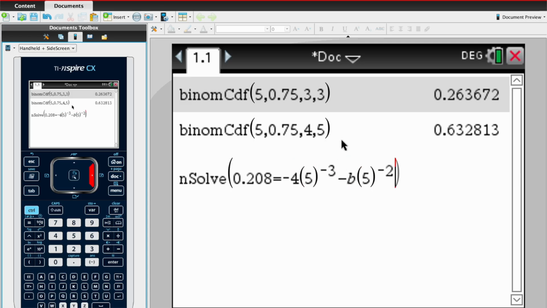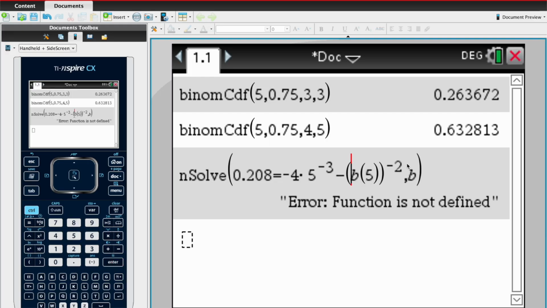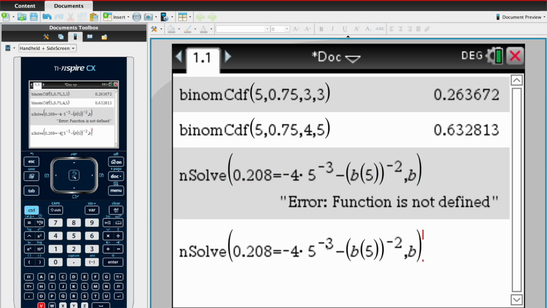All right. And we want to solve for b. Sometimes the calculator actually doesn't like brackets right beside these numerical values, so I'm not sure if that one's going to work. No, it isn't. So this is going to be something that the calculator is a little confused with. So let's go ahead and modify this. Okay, this is good. This has too many brackets.